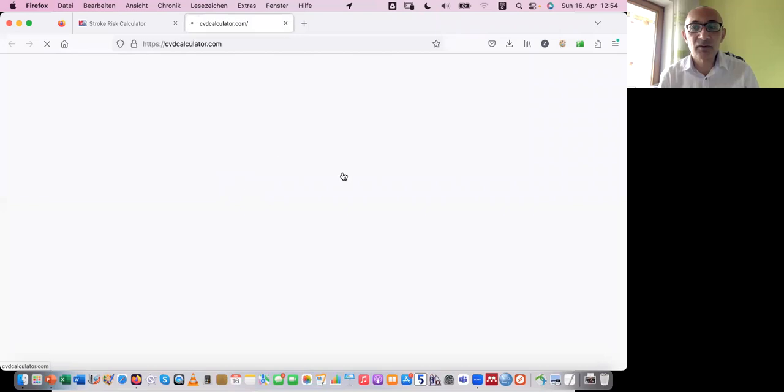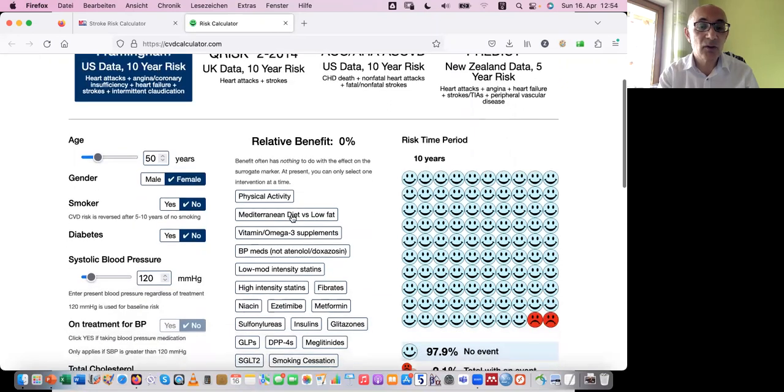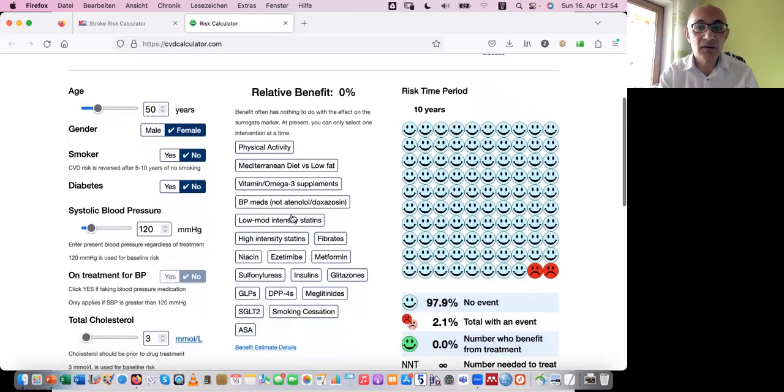That is also very important for me to show you this page and how it works. So as you see in this cvdcalculator.com web page, you have different sources for risk calculation. The most famous one is Framingham, but there are also European studies and other mixed studies which provide data from which you can calculate the risks as this web page is doing it.